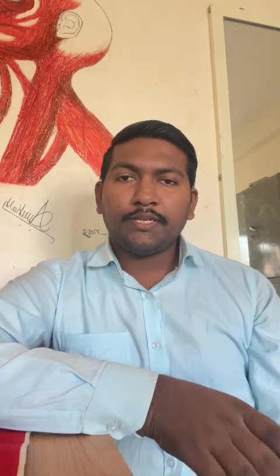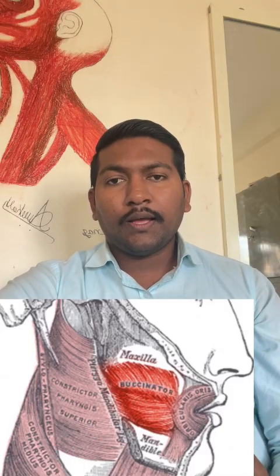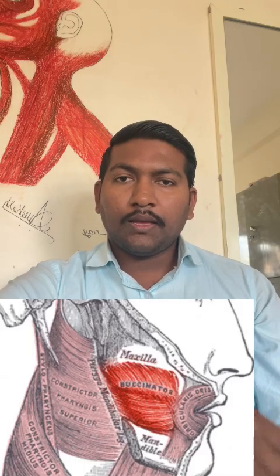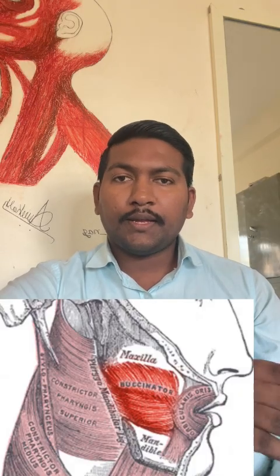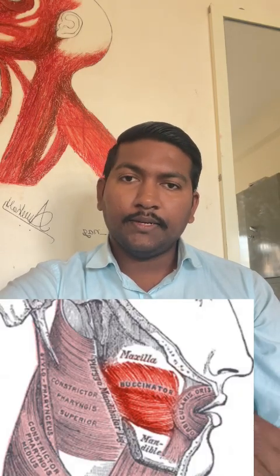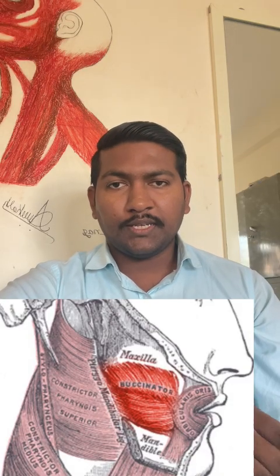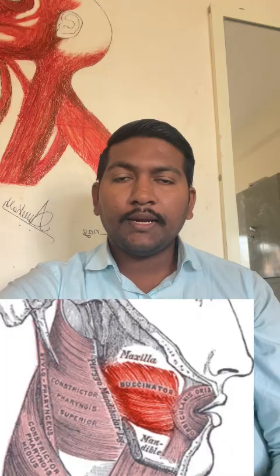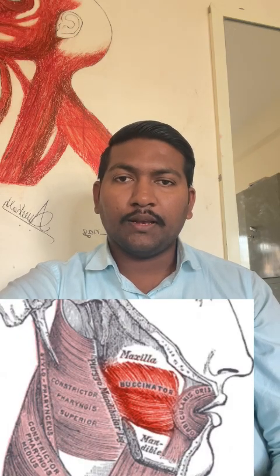The pterygomandibular raphe is attached on one side to the mylohyoid line of the mandible and on the other side to the hamulus of the medial pterygoid plate, and anteriorly it is attached to the buccinator muscle and posteriorly to the superior constrictor of the pharynx muscle.